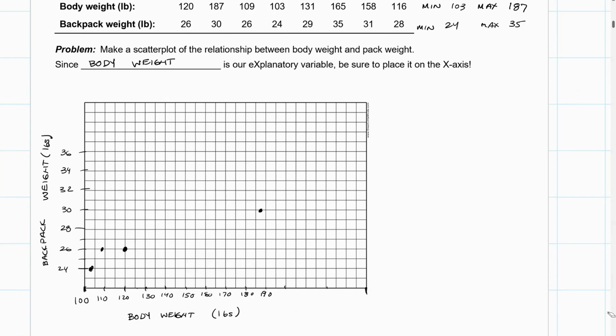Again, every individual gets a point. 131 and 29. Put me right about there. 165, which is here, and up 35, which seems to be right about there.